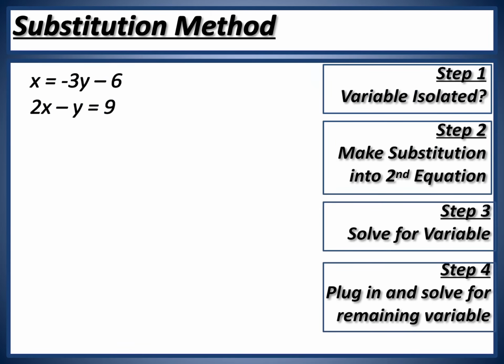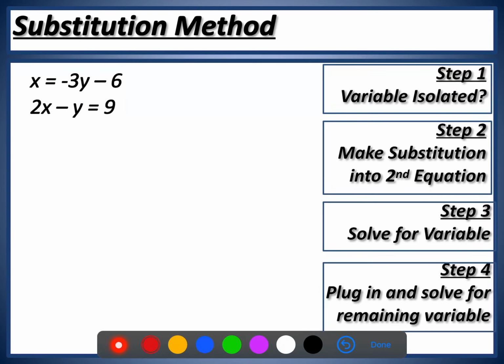So I have here my two systems of equations. They look just like they were written in graphing, except today's method is going to be all algebraic. We can see here that our first equation is isolated for the variable of x, meaning we know what x is equal to. Since we know what it is equal to, we can substitute that into the second equation.